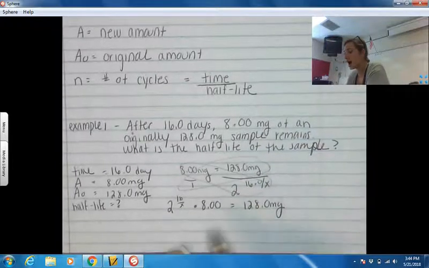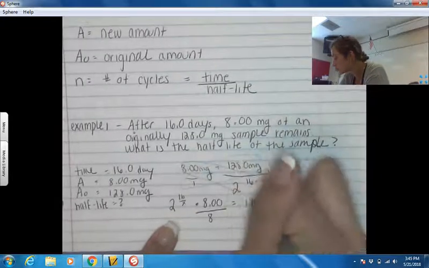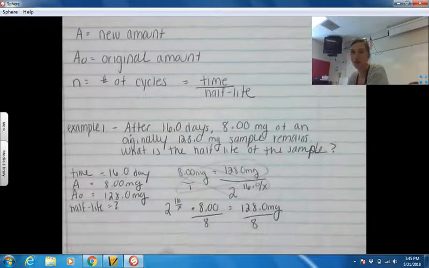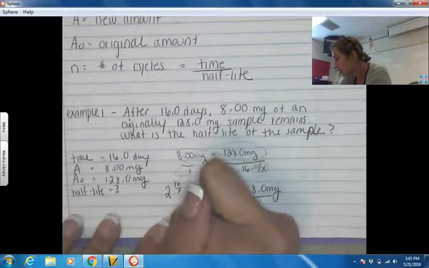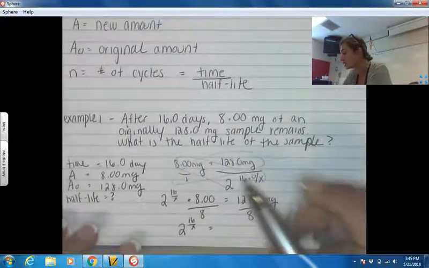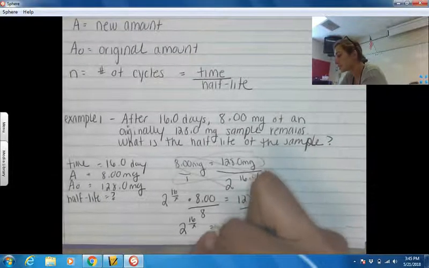I want to get this x factor by itself, so I'm going to start dividing over. I'm going to divide both sides by 8. And with that, I get 2 raised to the 16 over x is equal to 128 divided by 8, and that comes out to 16.